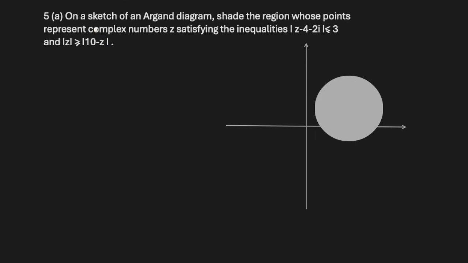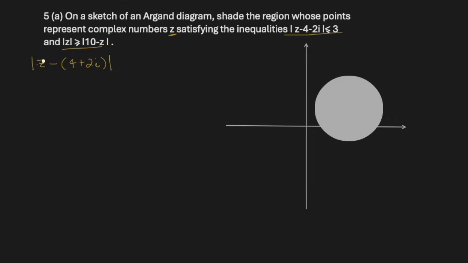Question 5. On a sketch of an Argand diagram, shade the region whose points represent the complex number z satisfying these inequalities. Let's focus on this one first. What does it mean? It means that z is the complex number with reference to 4 plus 2i.